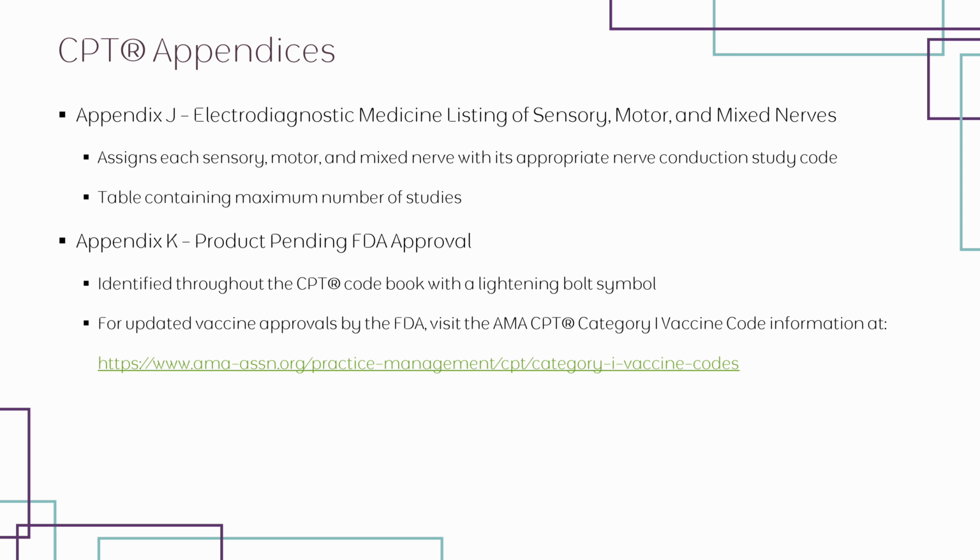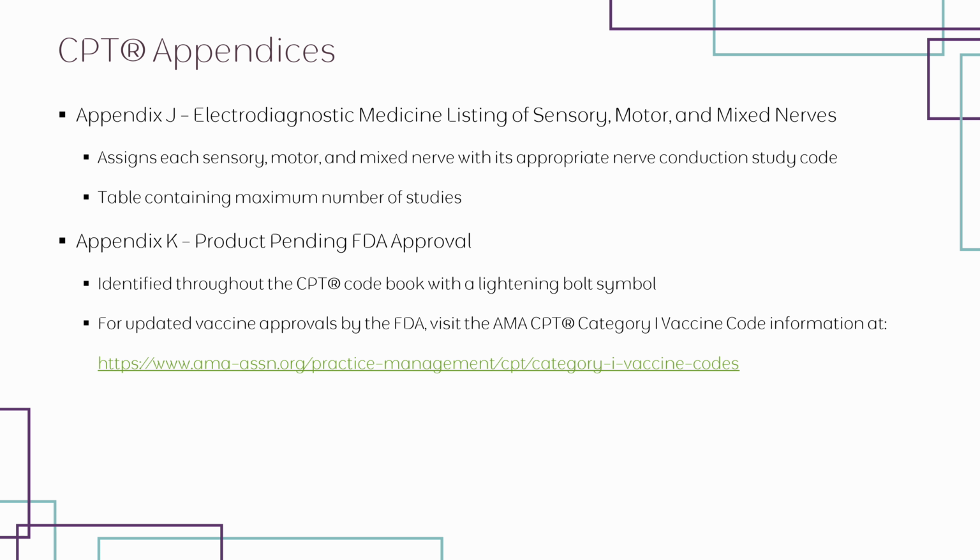In addition to the nerve listings, Appendix J also includes a helpful table that outlines the reasonable maximum number of studies that are typically performed for a physician to arrive at an accurate diagnosis. This table can serve as valuable guidance to avoid over-reporting and under-reporting nerve conduction studies.